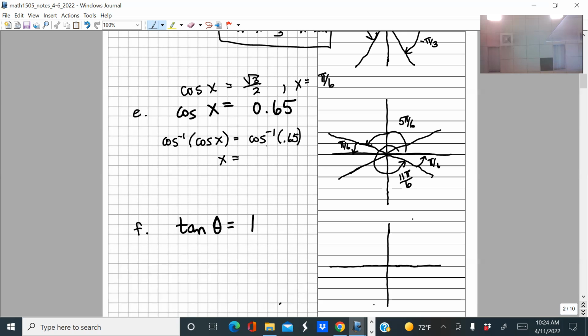I cannot do that by inspection, but that's actually good, right? Here I can use the calculator. So you're going to have to use the calculator here. Find the inverse cosine of 0.65. Make sure you are in radian mode. It's not the end of the world if you're in degree mode, but we want our solutions in radians here, so not in degrees.